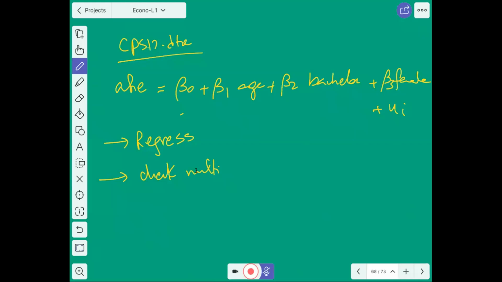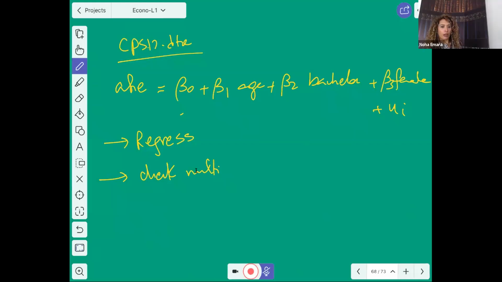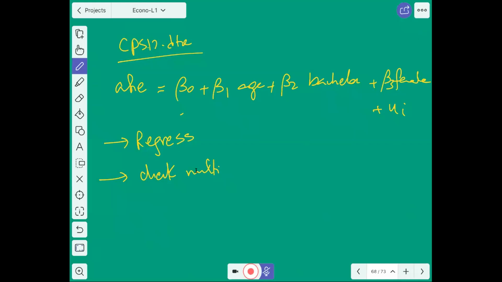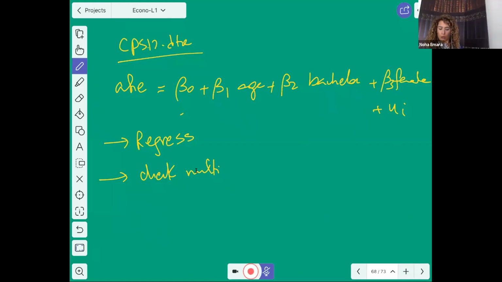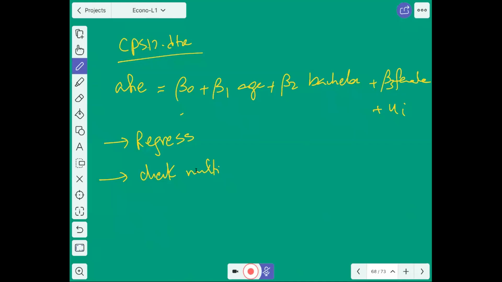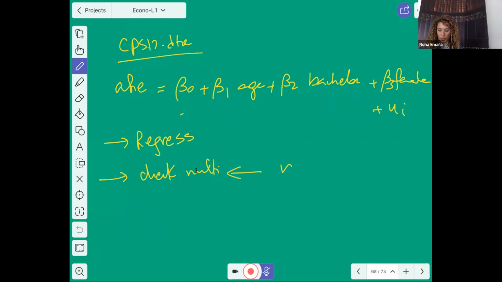Anyways, okay, guys, you can start logging into your virtual computer. As I explained in the lecture and on this slide, it won't take time. You just regress your y on the set of the x's, and then you run the VIF command, so you check for multicollinearity using VIF.